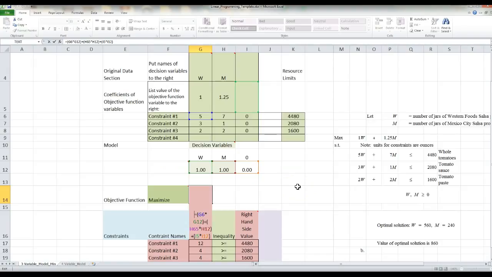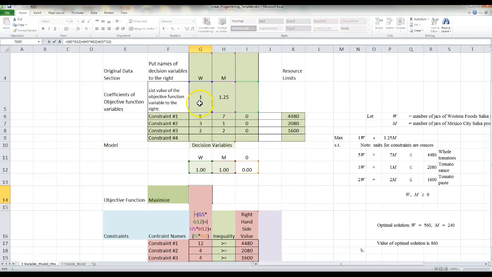So I'm going to take 1, which should be G5 in this case. So this needs to be G5. I've been working on this before, so that's why some of these values aren't correct.